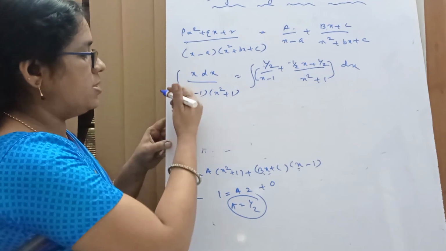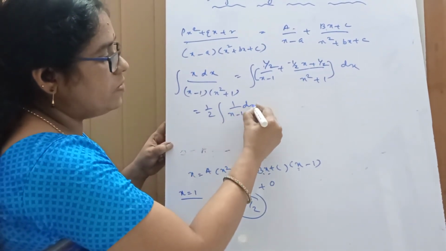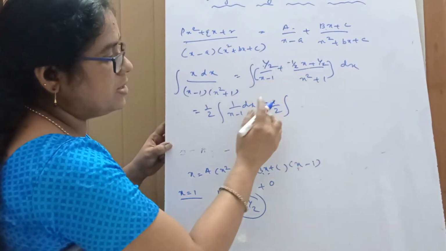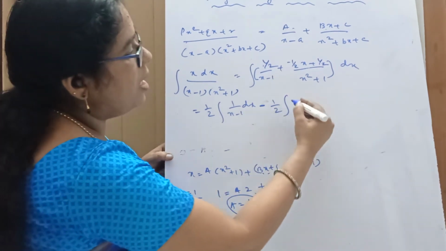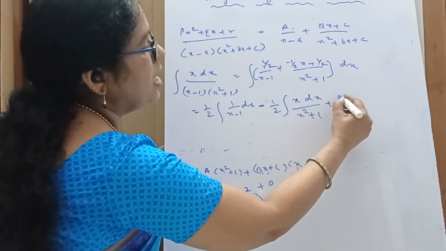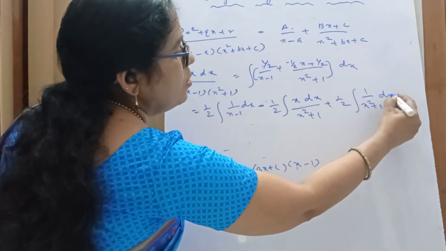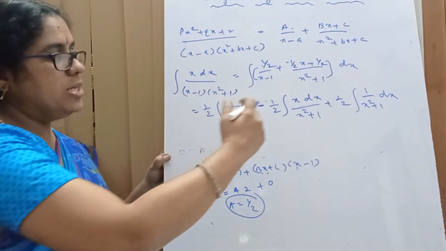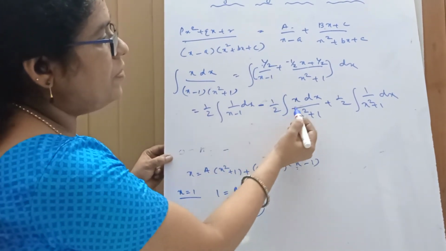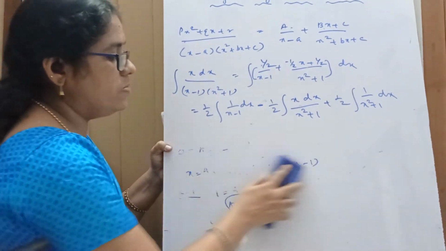Half into integral 1 by x minus 1 dx minus half into integral x dx by x square plus 1 plus half into integral 1 by x square plus 1 dx. We split all the integrals.